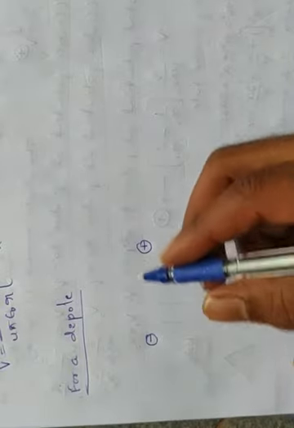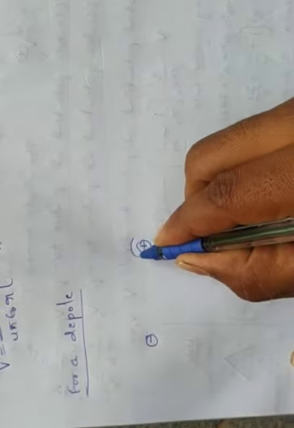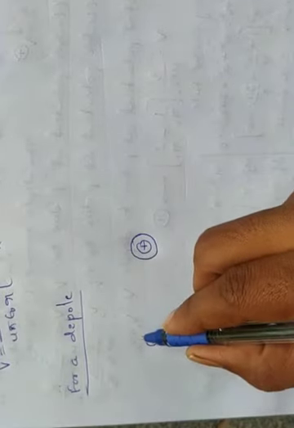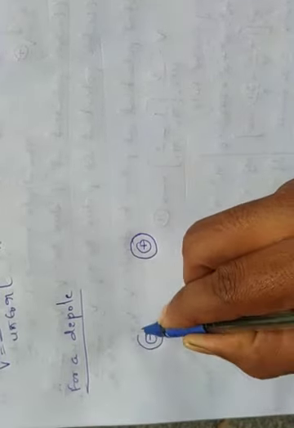So how can we draw the equipotential surface? Just draw concentric circles like this. Here we can draw the electric field lines to obtain the equipotential surface.